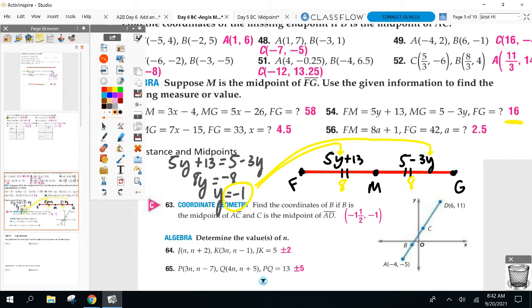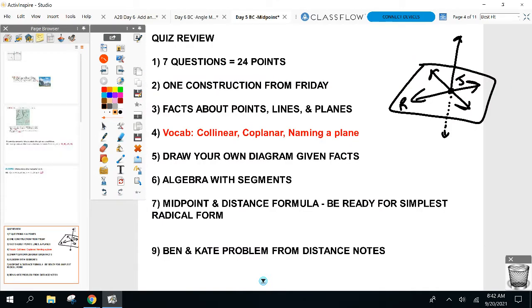All right, and finally, probably the biggest portion of the quiz will be distance and midpoint. And yes, on a distance question, you will be asked to do simplest radical form. So if you get the square root of 20, square root of 48, let's be ready to break that down correctly.